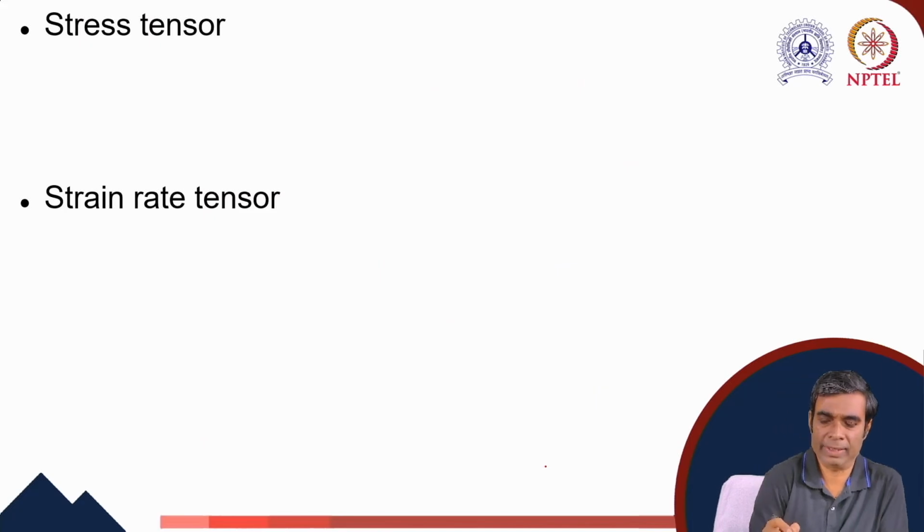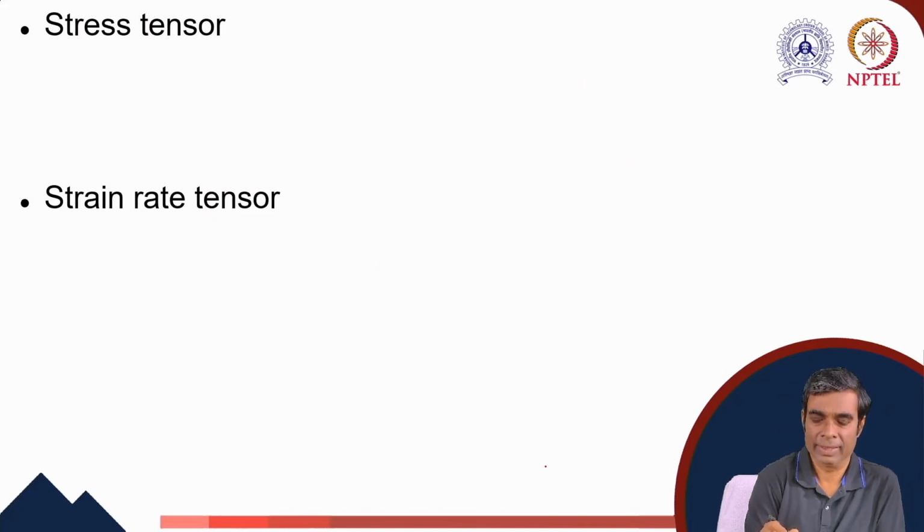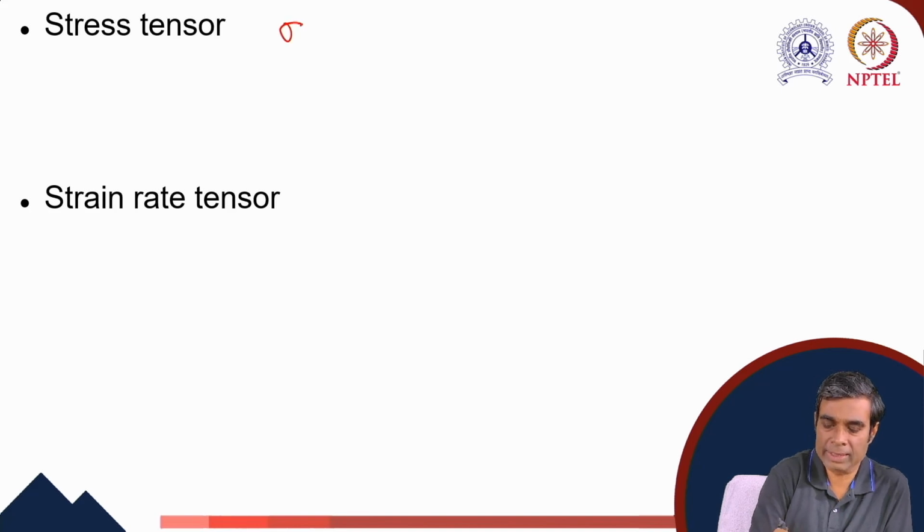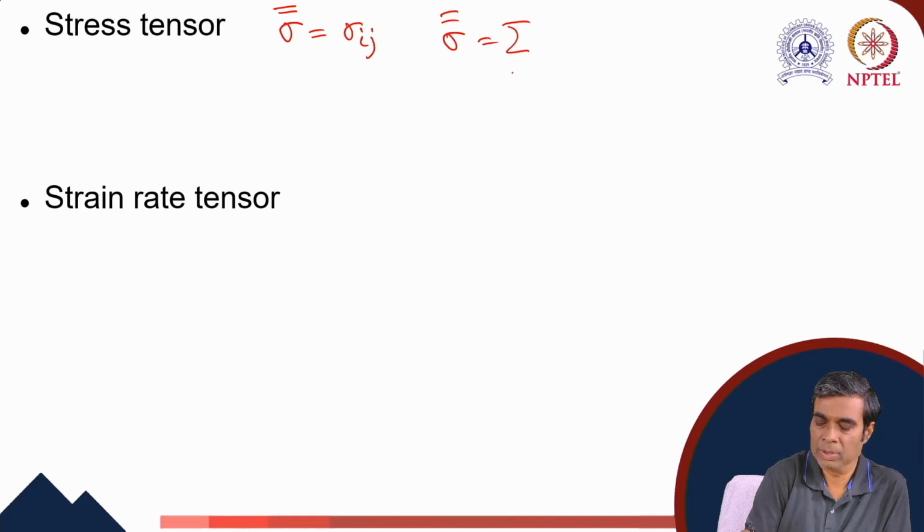Next we go for the stress tensor. This is the basic tensor which comes in solid mechanics and fluid mechanics both. So stress tensor, the second order tensor, is represented as sigma ij. So using the Gibbs notation, we can write it as sigma double bar equals summation over i equals 1 to 3, summation over j equals 1 to 3, sigma ij.